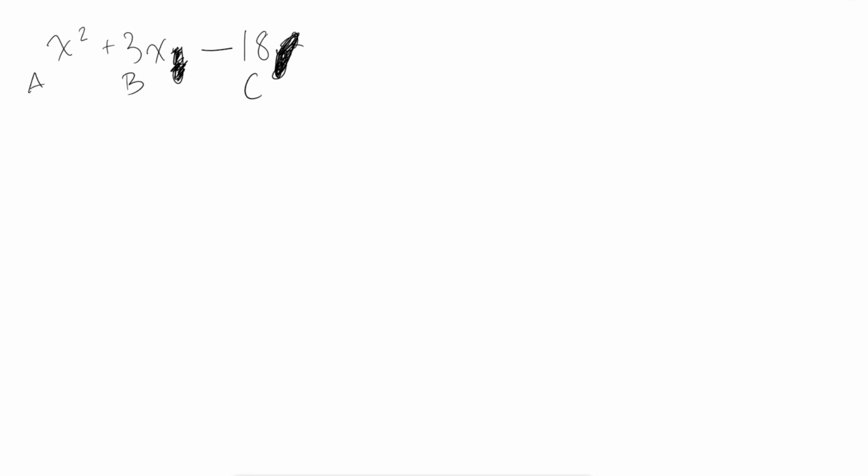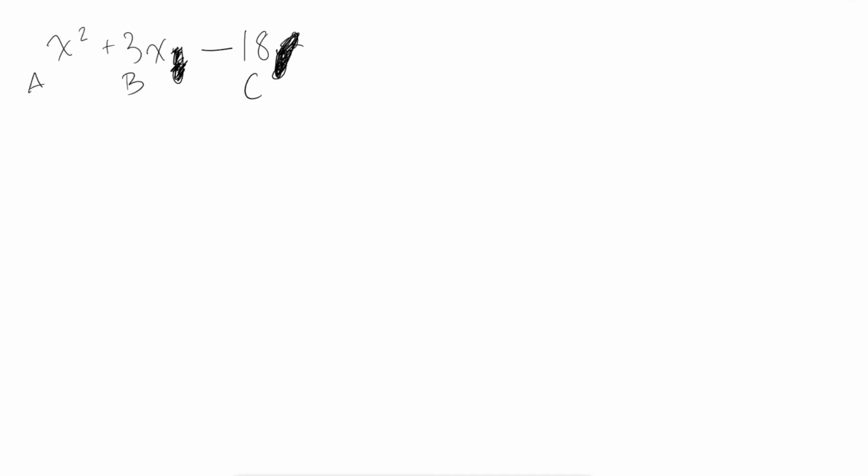Well, if c is equal to negative 18, that means I'm looking for 2 numbers that multiply to be a negative number. And the only way I can have that is by multiplying a positive and a negative.